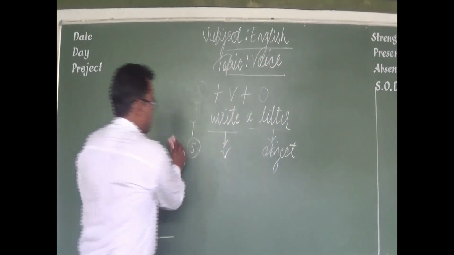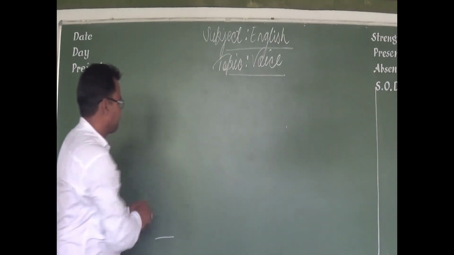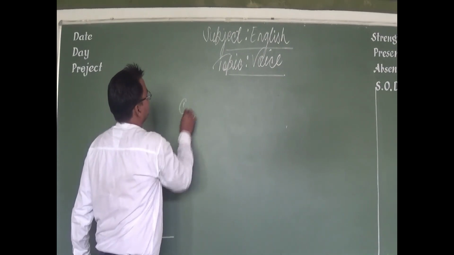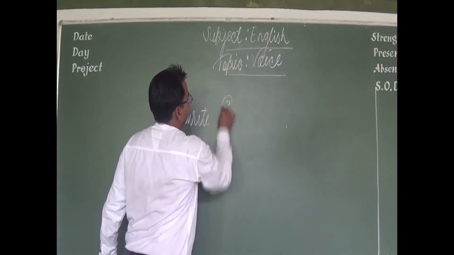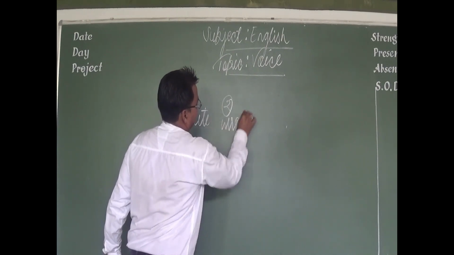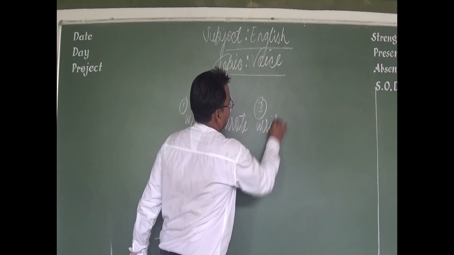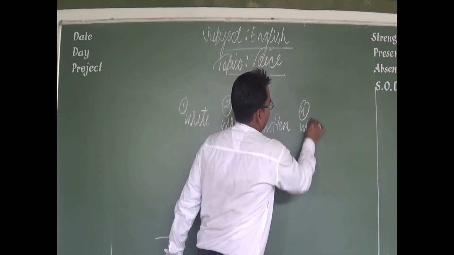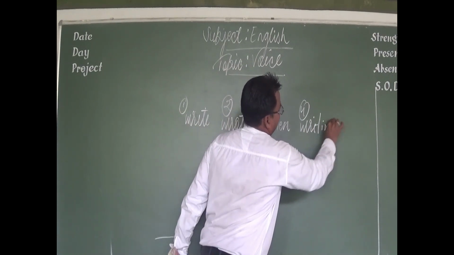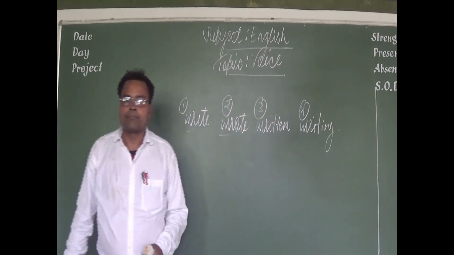See, in English, there are four forms of the verbs.